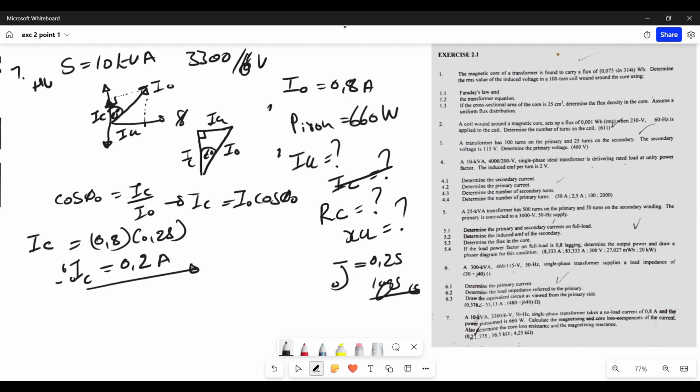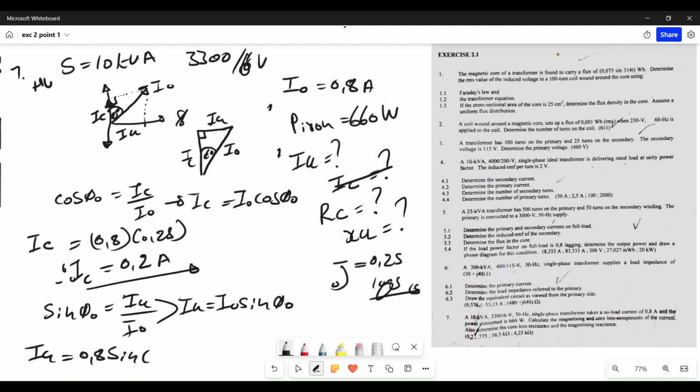For us to find IU, we are going to take the sine of that. So sine phi O is equal to IU over IO, which becomes IU is equal to IO sine phi O. So IU is equal to 0.8 sine of, was it 75? I don't remember.